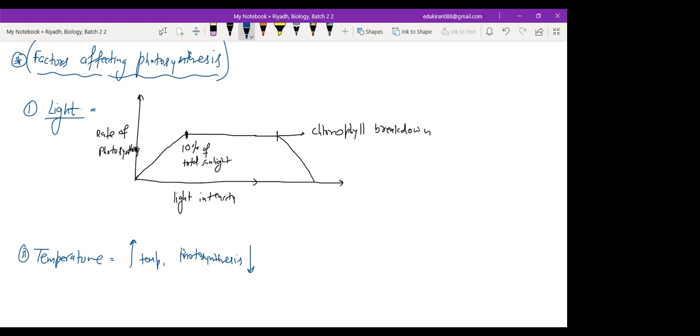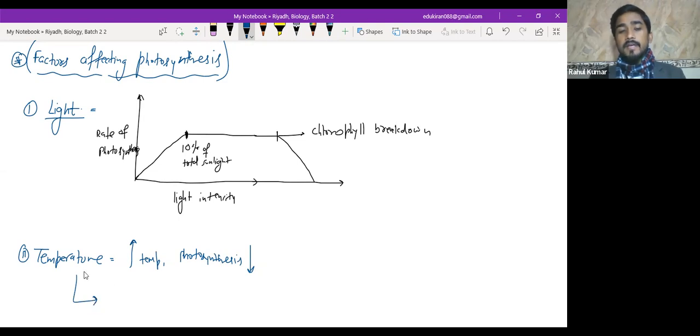Yes, sir. In general. But the interesting thing here is that temperature has different effects. Write down, temperature affects C3 and C4 plants differently.